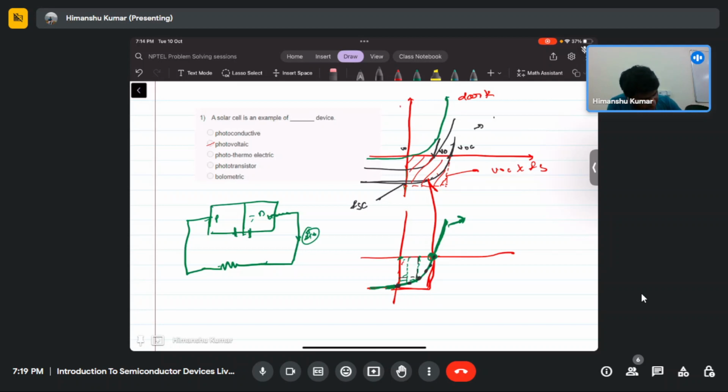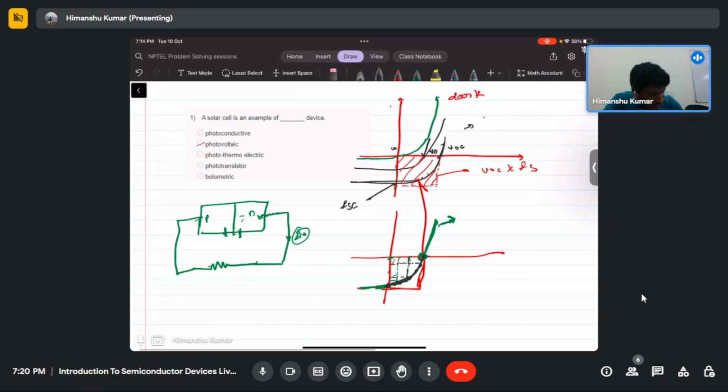If you are drawing a small current, then the open circuit voltage will be there. But the fill factor reduction is there, because there is a non-linearity in these characteristics. So the maximum power point will change depending upon the load we connected, right? Depending on the operating point.